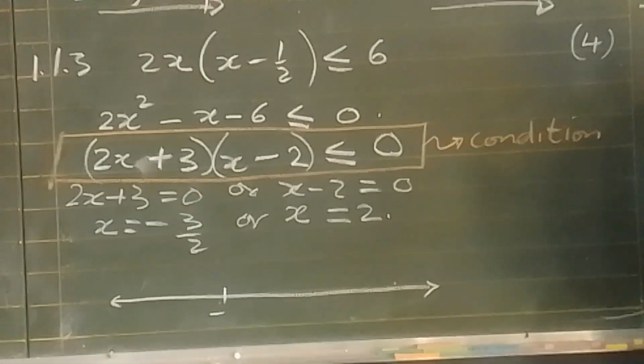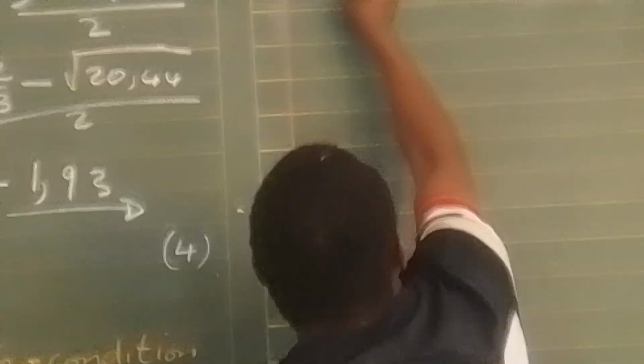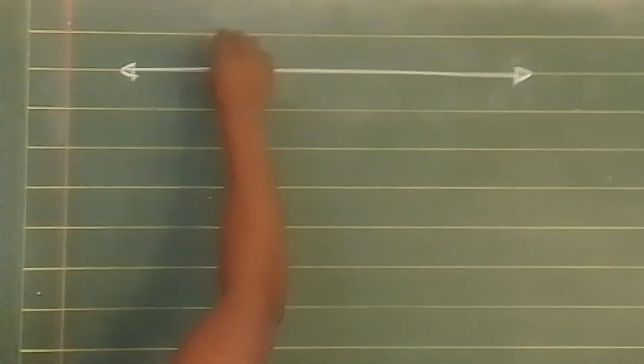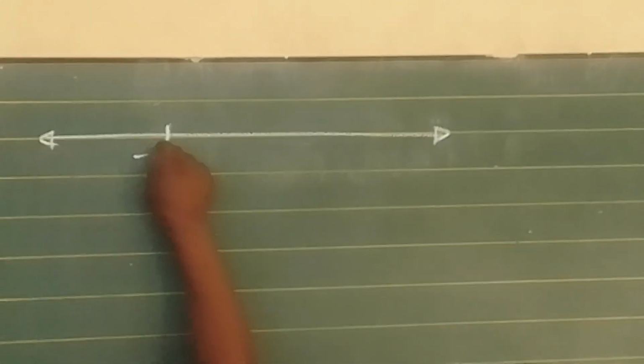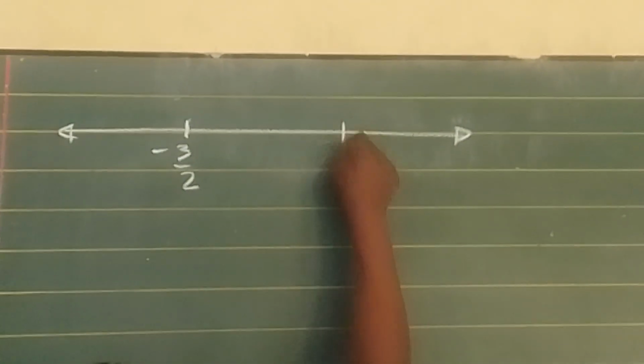Let's use a big space. Let's say this is our minus 3 over 2 and our positive 2.